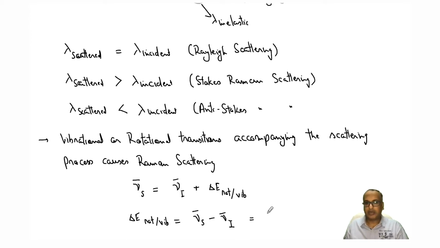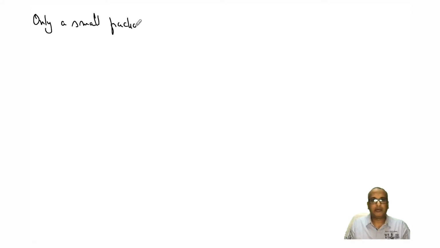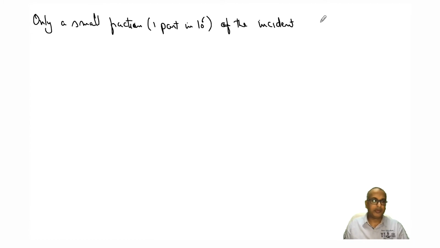And this is called Raman shift. Now it's a very small fraction, only a small fraction, that is 1 part in 10 to the power 6 of the incident radiation, is scattered inelastically.